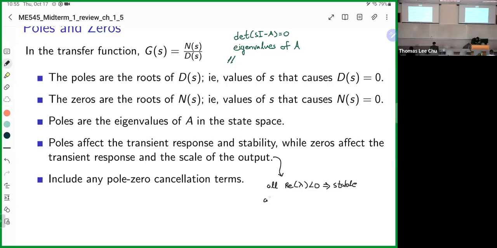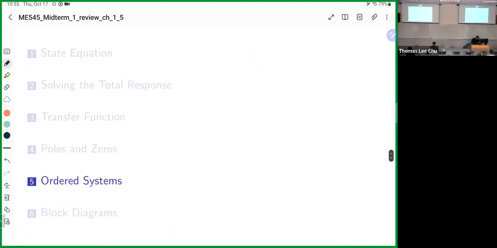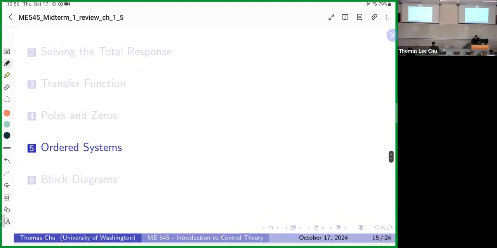And if at least one of your poles has a positive value, then it's unstable. So that's all you need to know about poles and zeros up to this point. Moving forward, we're going to talk about order systems. And I know it seems like we're almost done, but we're only on page 15 of 24.